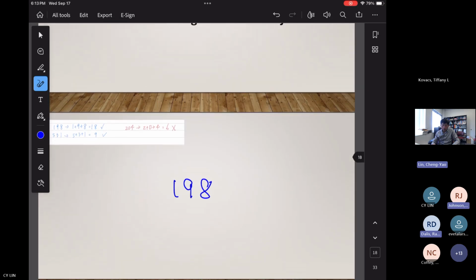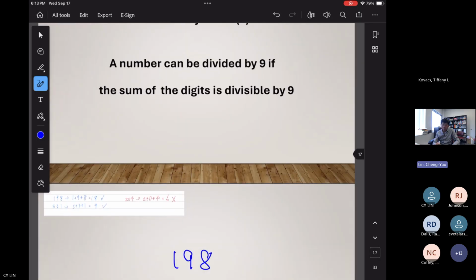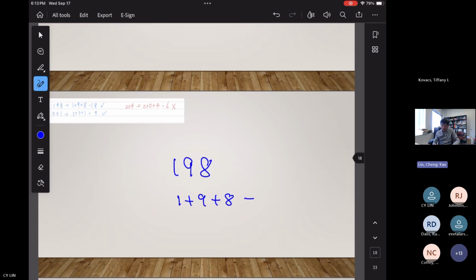We take 1 plus 9 plus 8, sum them together, which is equal to 18. Now 18 is divisible by 9, so therefore yes for this.